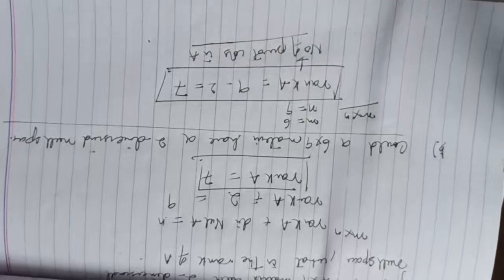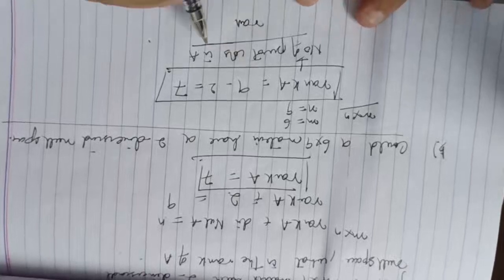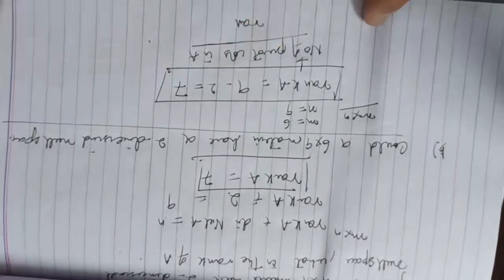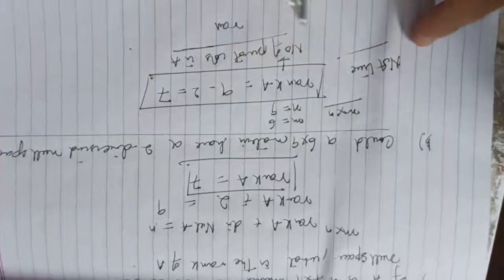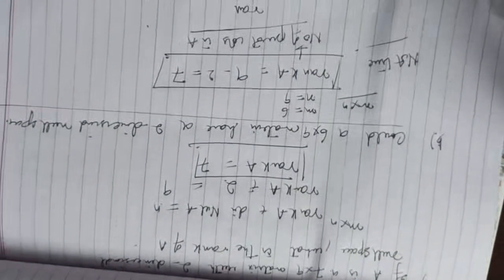So in this case we can say that this statement is not true. The dimension of the column space cannot exceed 6 in this case. Okay.